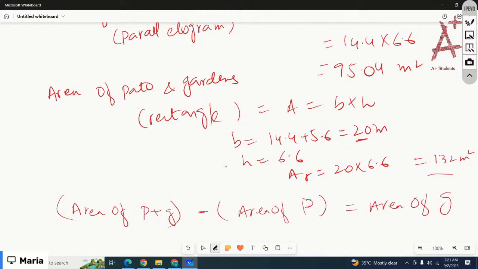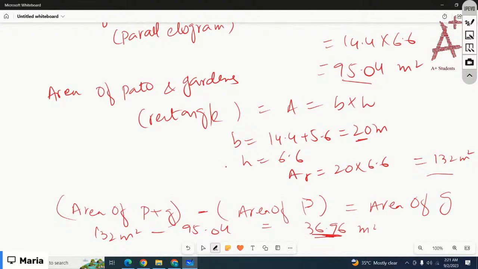So it is 132 meter square minus 95.04. So when you subtract, the value is 36.96 meter square. That is the area of the two gardens, right?